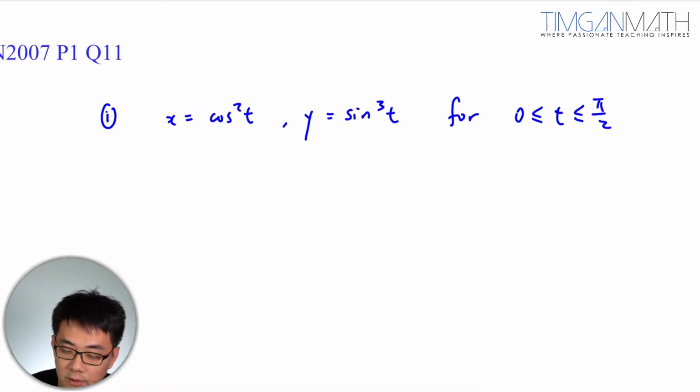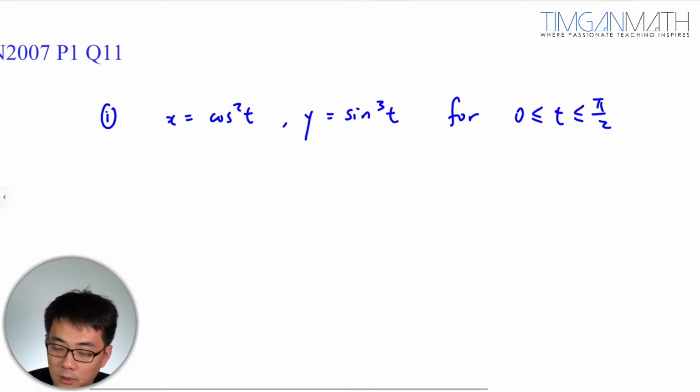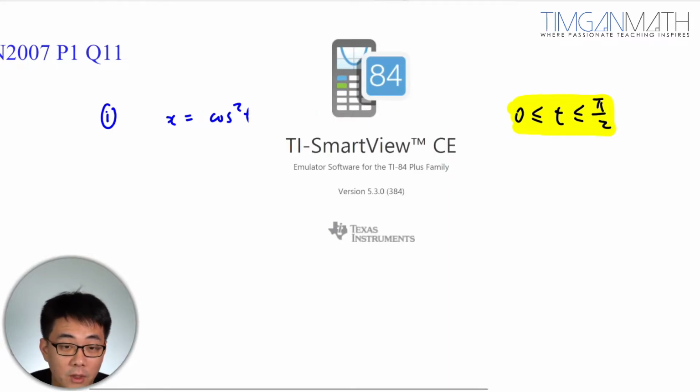I think sketching the curve is pretty okay. The first thing is to take note and make sure you limit the window setting here. I think a lot of students would just forget to actually limit the window settings.